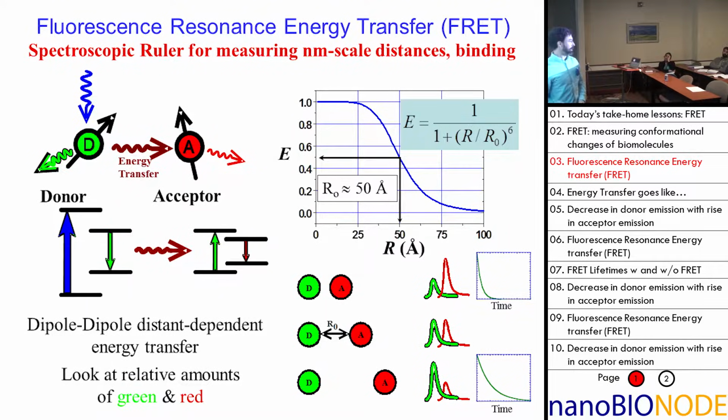So this is left with a nanosecond. So the donor lifetime is faster. If the acceptor is far away, it is just basically the donor's lifetime. In this case, it's about 2 nanoseconds.